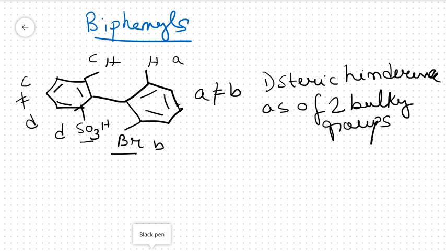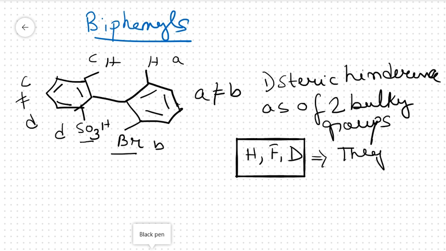Okay. Now we need to understand that hydrogen, fluorine and D are not bulky groups.